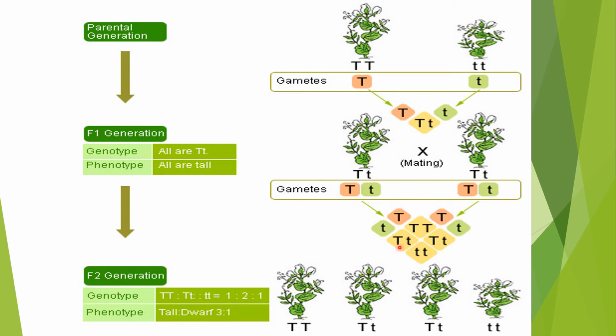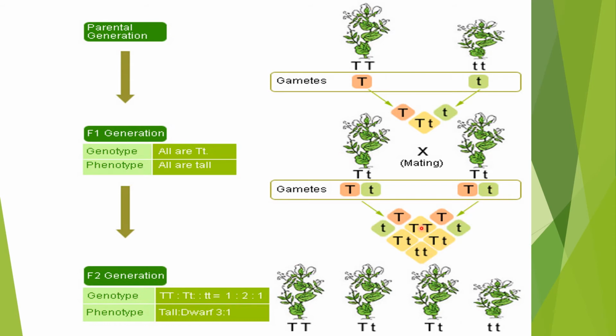You must be wondering why we haven't written small t and capital T. The reason is that priority is given to the allele which is dominant. That is why we write capital T by convention first, followed by the small t. Then the small t combines with small t and it results in this individual.